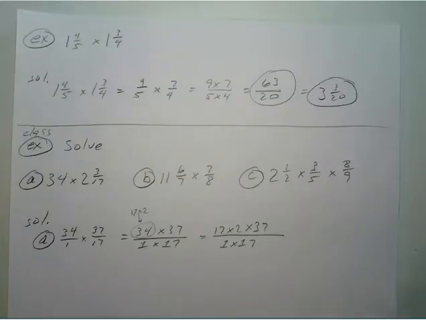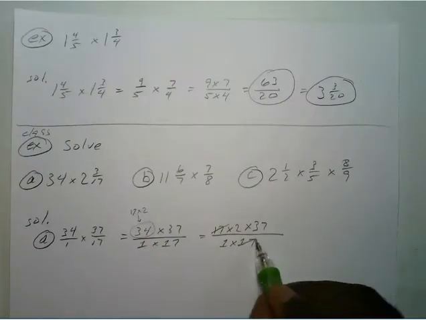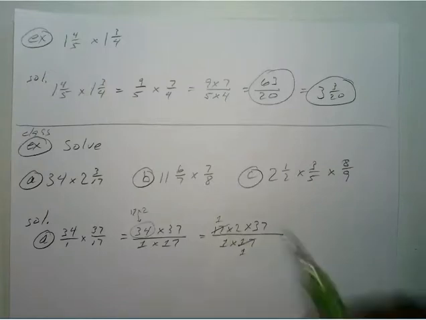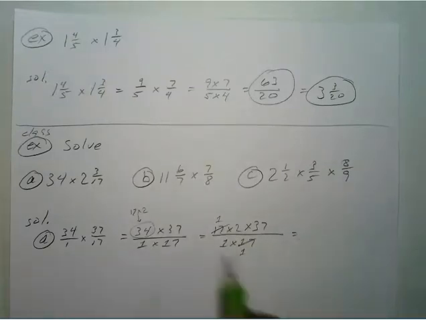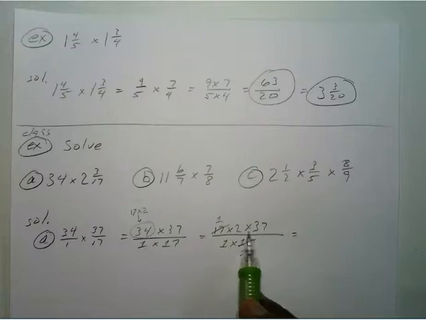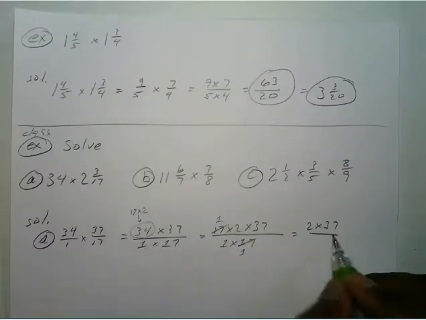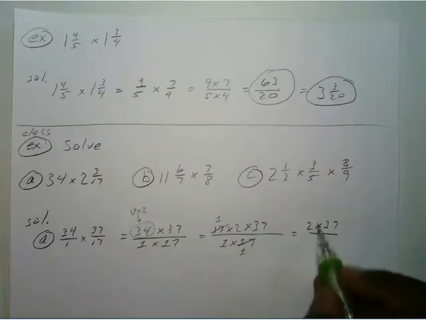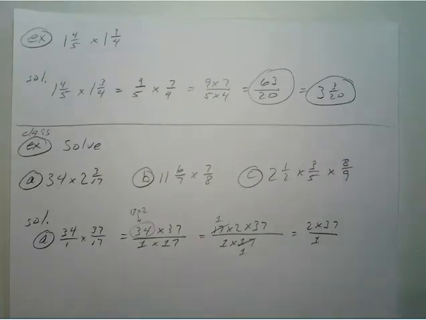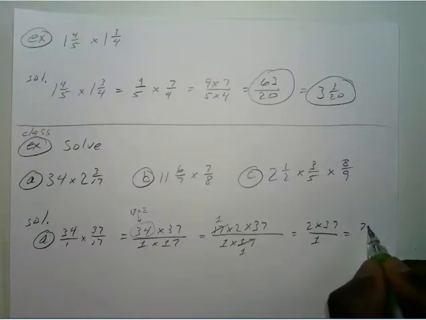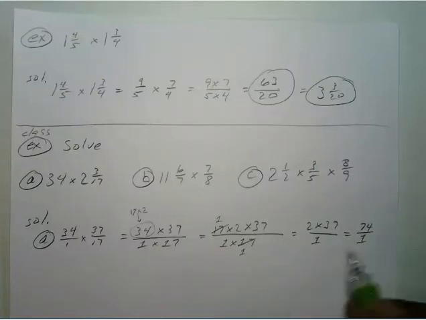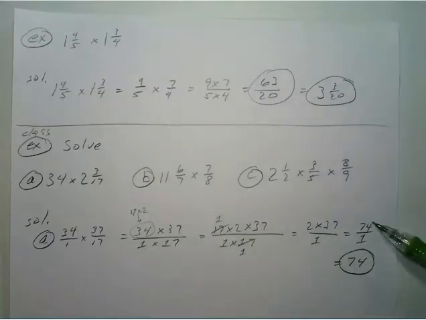Now we have a 17 in the numerator and a 17 in the denominator that will cancel out and become 1. So you have 1 times 2 times 37, or just 2 times 37, over 1 times 1, which is just 1. So that would be 74 over 1, which is just 74, because any value divided by 1 is just that value.